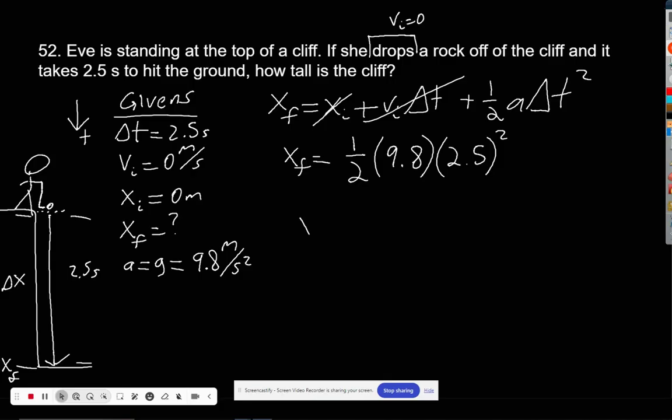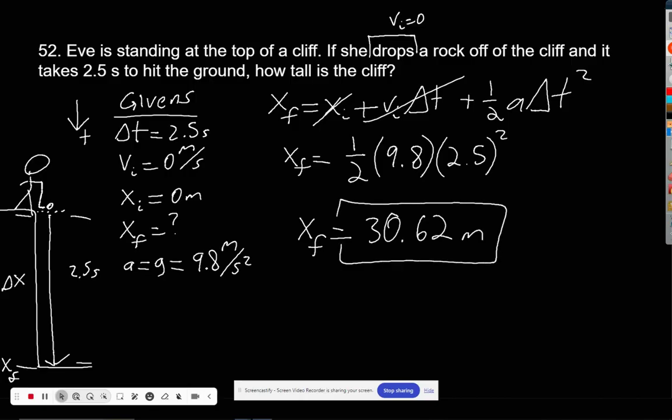So Eve here is standing on a cliff that is roughly 30.62 meters. Decently tall cliff. Now, the reason I kept saying roughly or approximately is this does ignore air resistance, which if you got a good smooth rock, then you kind of can ignore air resistance.